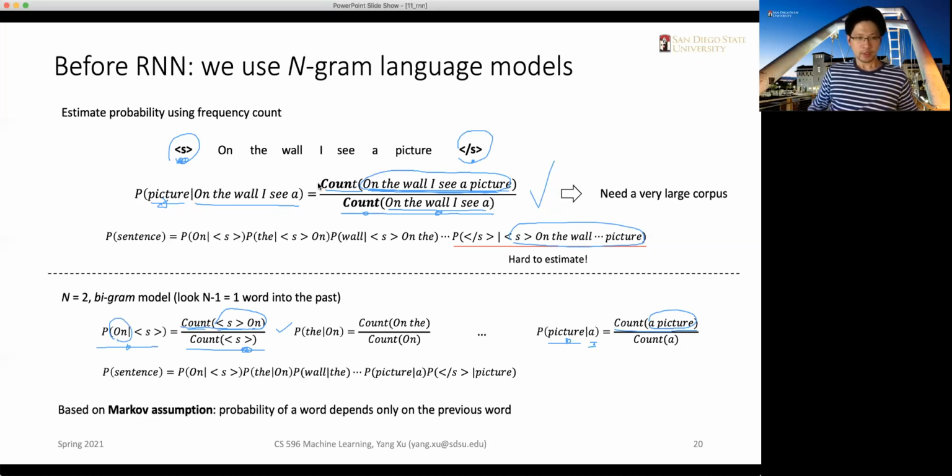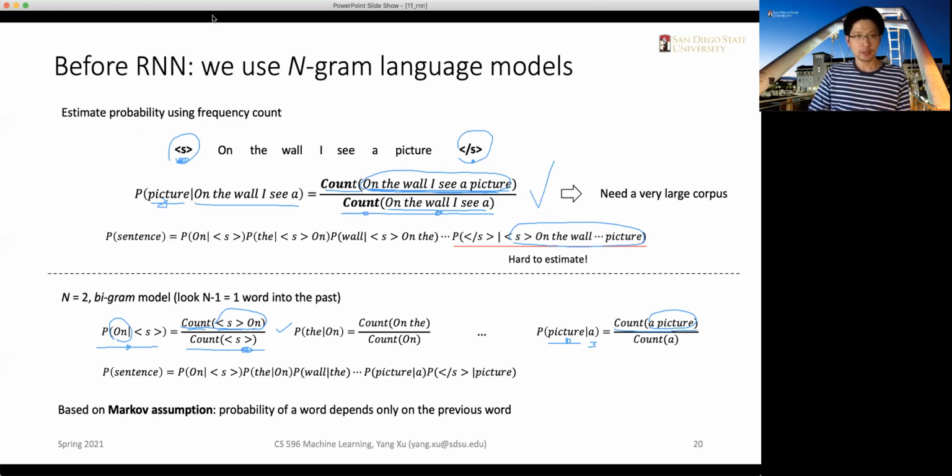So having these bigram probabilities estimated, we can simply multiply them to approximate the probability of the whole sentence.